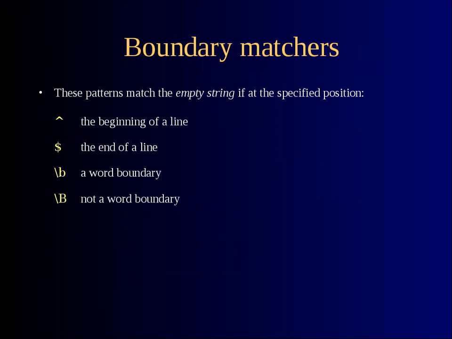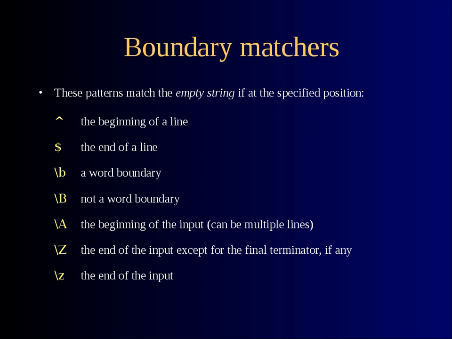All right. Boundary matching. I'm not going to test you over this, but you can specify, okay, it's got to be at the beginning of the line, at the end of the line, maybe a word boundary, and well, you get a lot of different things. Really, the only two that most people use are the beginning of the line and end of the line.